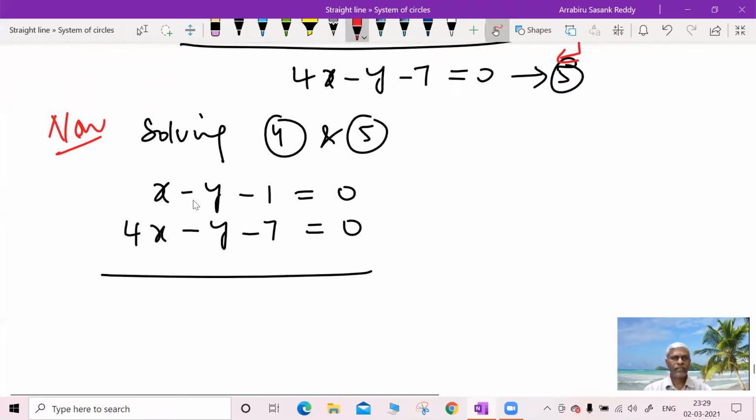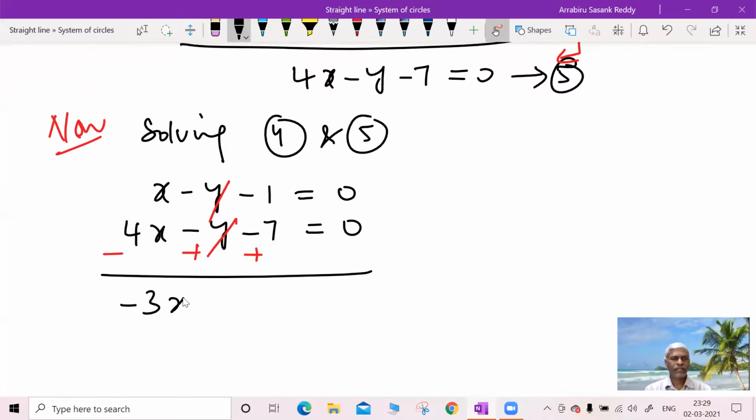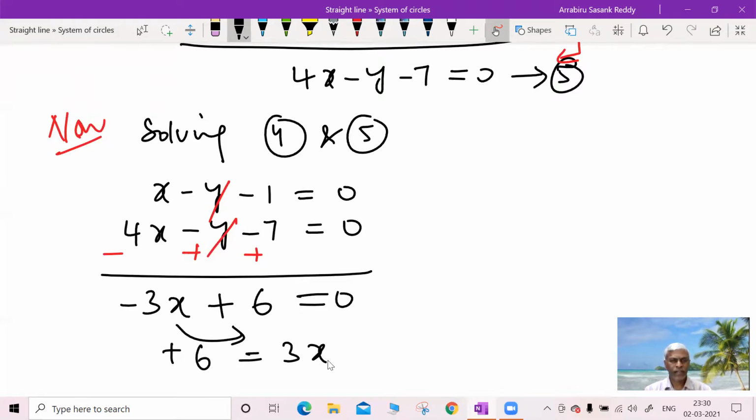So when we subtract, the signs change. Y will get cancelled. Minus 4 plus 1, minus 3x, and 7 minus 1 plus 6. So minus 3x plus 6 is equal to 0, so 3x equals 6.